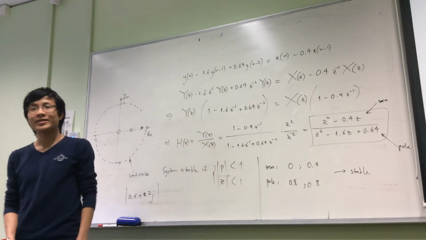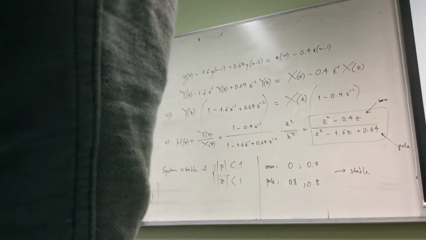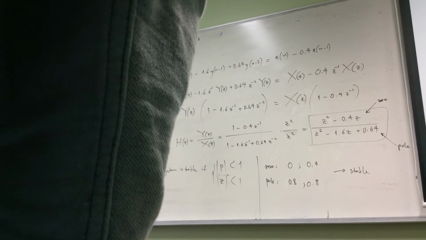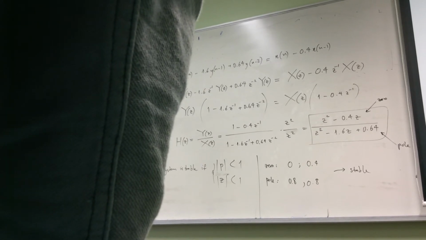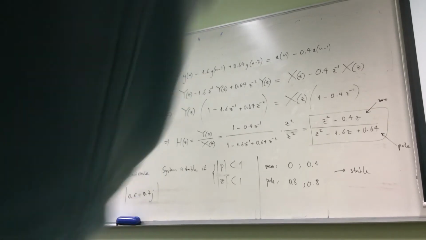Let's do this. Absolute value of 0.6 plus 0.7j. Okay, 0.9, nearly there. It's stable, right?